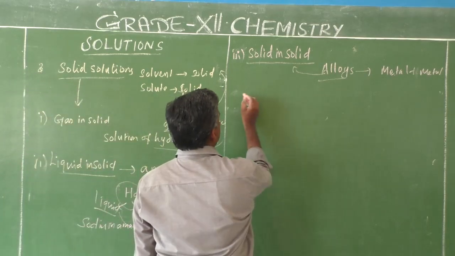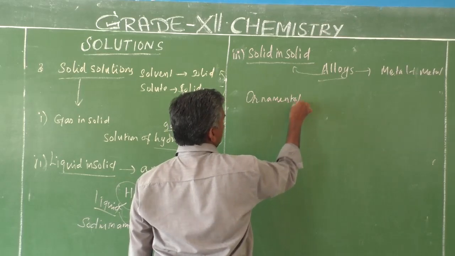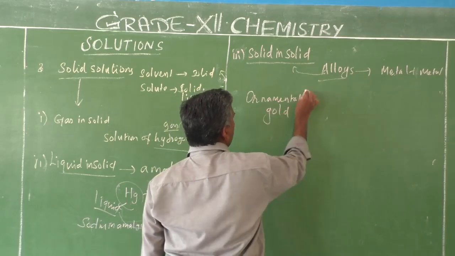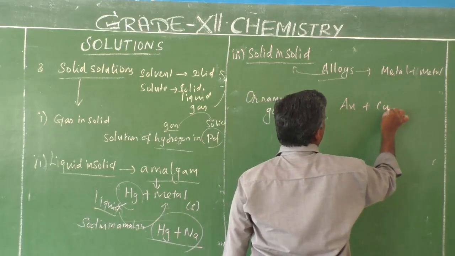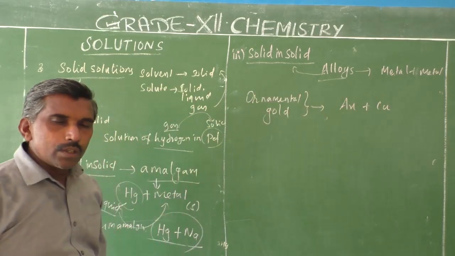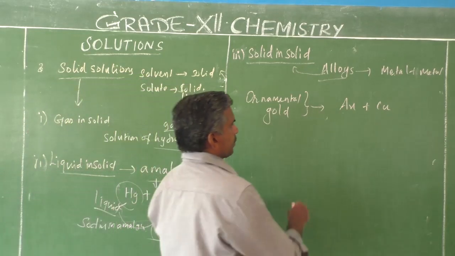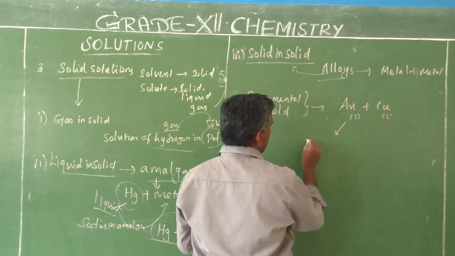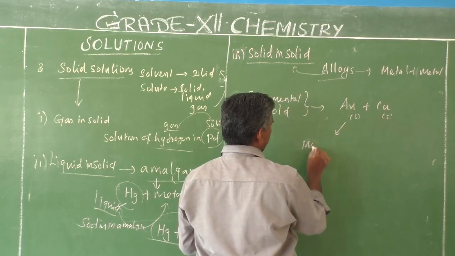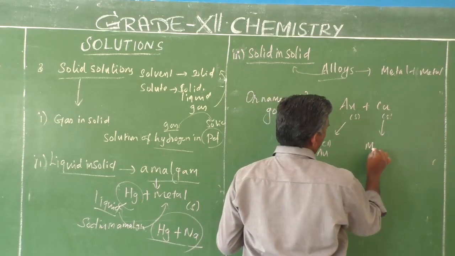Solid solution, for example, ornamental gold. Ornamental gold or jewelry contains gold plus copper. The gold is in molten form, and the copper is molten copper.